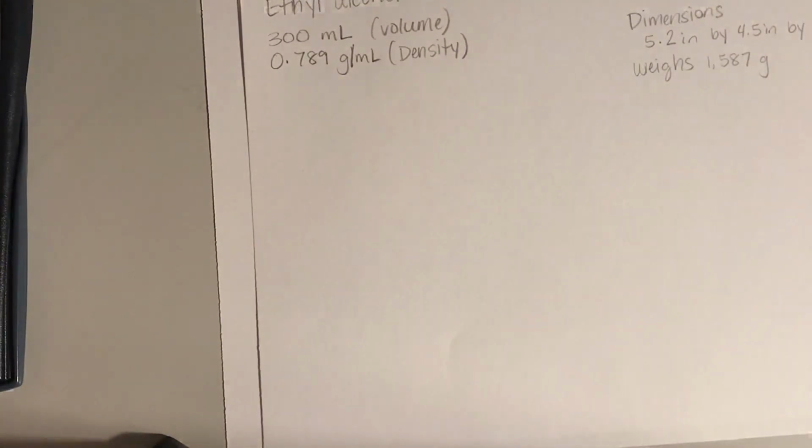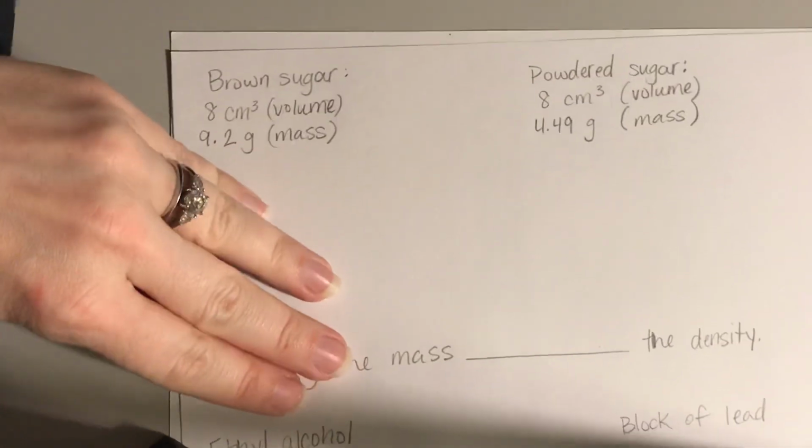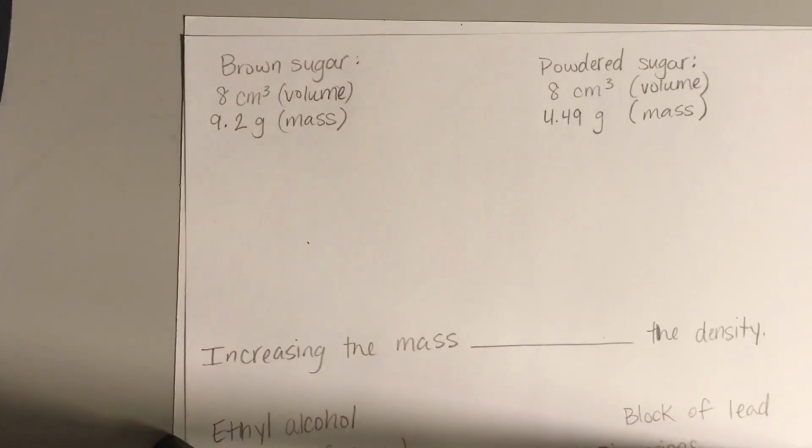All right, so now we're going to go on to the problem about the sugar. We actually have two problems about the sugar. The first one is brown sugar. A student measures the mass of an 8 cubic centimeter block of brown sugar to be 9.2 grams.